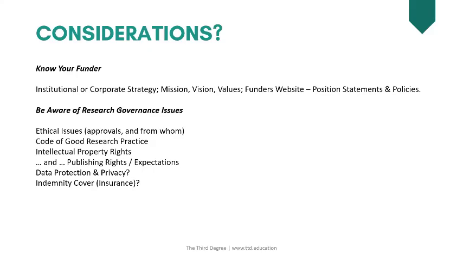So, for example, if you're working with children, a university is going to require several safeguards in respect of how you interact and collect data from children. A private organization may say, you know what, not really a big problem, just go ahead and do it.